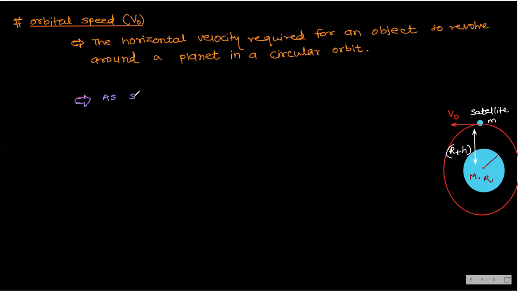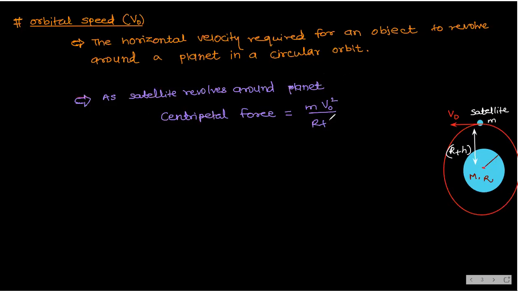As the satellite revolves around the planet, the centripetal force on the satellite is equal to what will it be? m v naught square divided by R plus h.